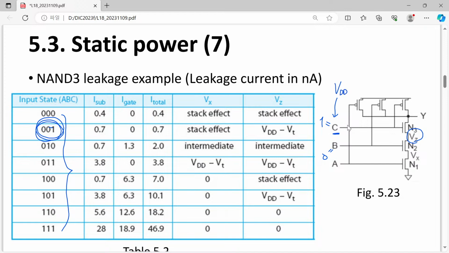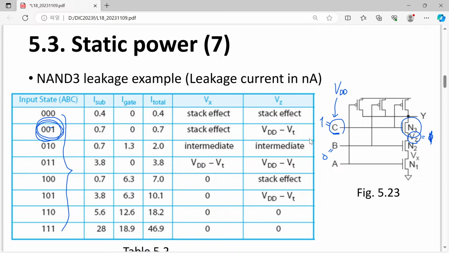So our source voltage should be increased. For example, if we have just 0 volt here, then this transistor will be turned on. That's not possible. So in order to turn off this N3 transistor also, we must increase the voltage.